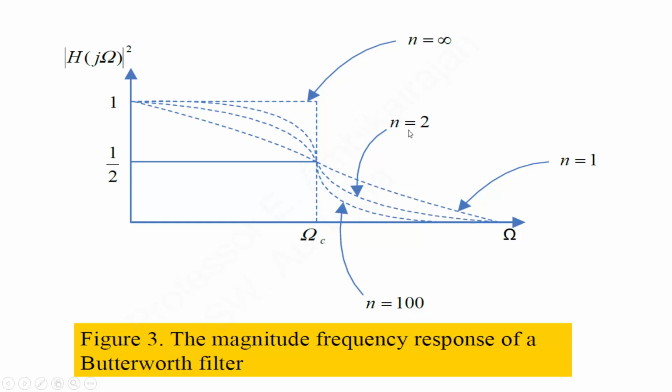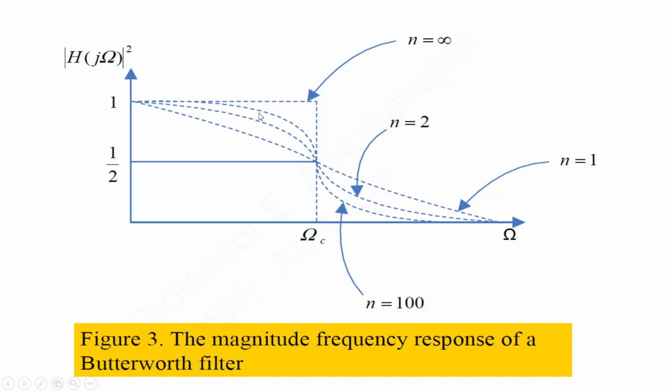But looking at n equal to 2, you start getting a roll off. If you take an n equal to 100, you get a very fine roll off like this.